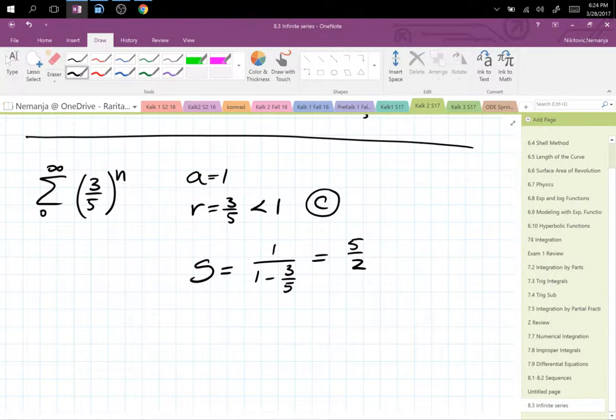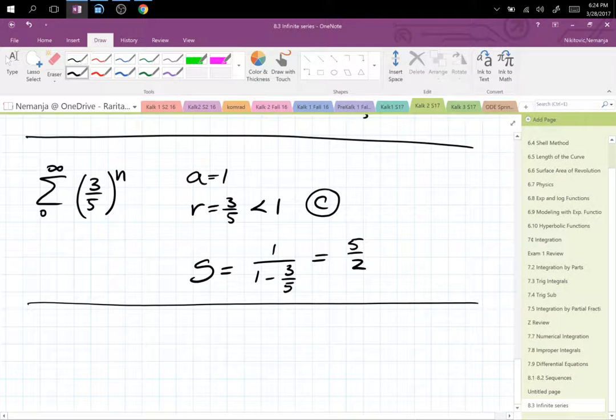Next question. Summation of e to the n, 0 to infinity. Why? The value of e is larger than 1.